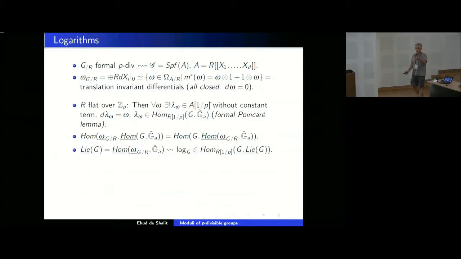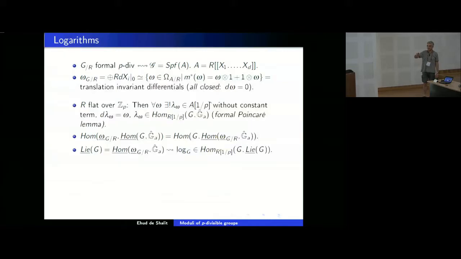So what did we do? For any omega, we associated a homomorphism, a logarithm, which is a homomorphism from G to the additive group. But of course, homomorphisms from omega to homomorphisms from G to G_a is the same by general nonsense as homomorphisms from G to homomorphisms from omega to G_a. So in this way, we get, for any element, a canonical homomorphism from G to simply the Lie algebra.